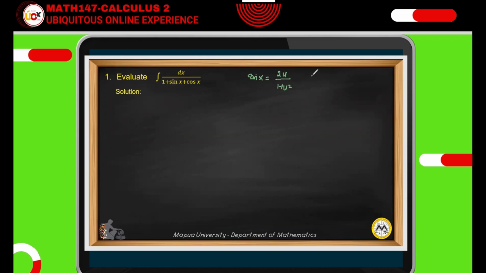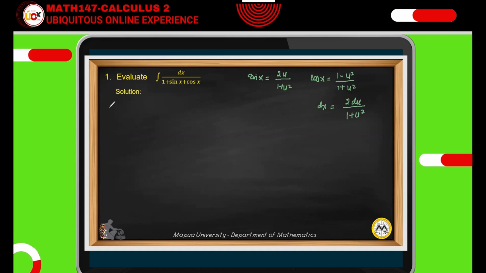The substitution for cosine of x is 1 minus u squared over 1 plus u squared. And for the differential of x, we will have 2 times the differential of u over 1 plus u squared.